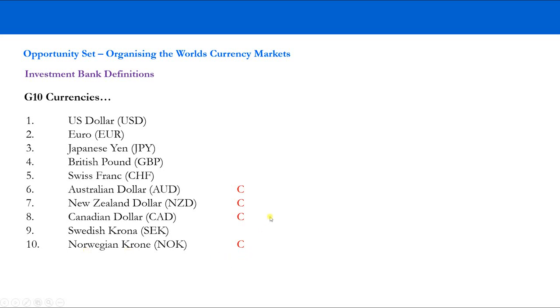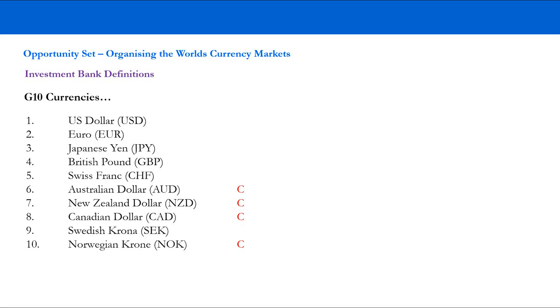And you're going to notice here that we've got the letter C next to 4 of our currencies. So the letter C, for example, is next to Australian dollar, and the letter C actually stands for commodities. The reason why we've marked these up with a letter C is because our objective is to figure out what has the most potential volatility, what has the least potential volatility, and we want to know what these currency values actually depend on.